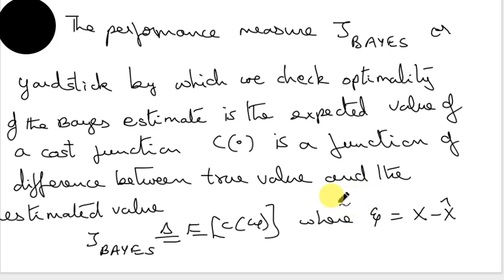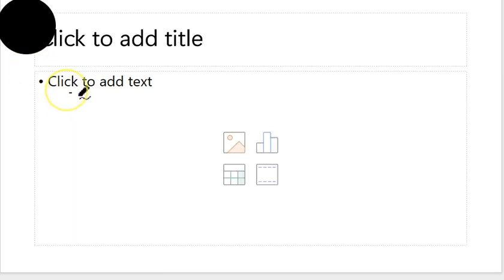Now we may generate this value of x cap. So let x cap be equal to some function, let us say g of z. Okay, so if we say x cap is equal to some function g of z, then I may go on to use J Bayes to minimize the choices of epsilon.